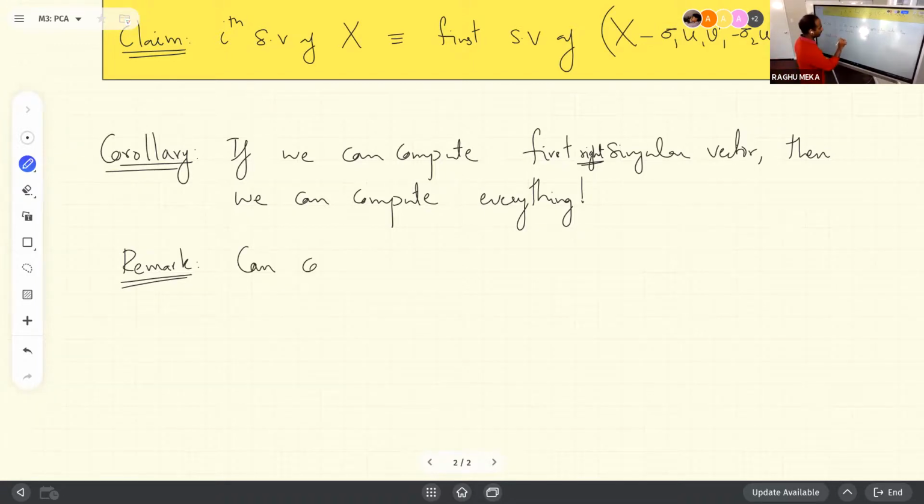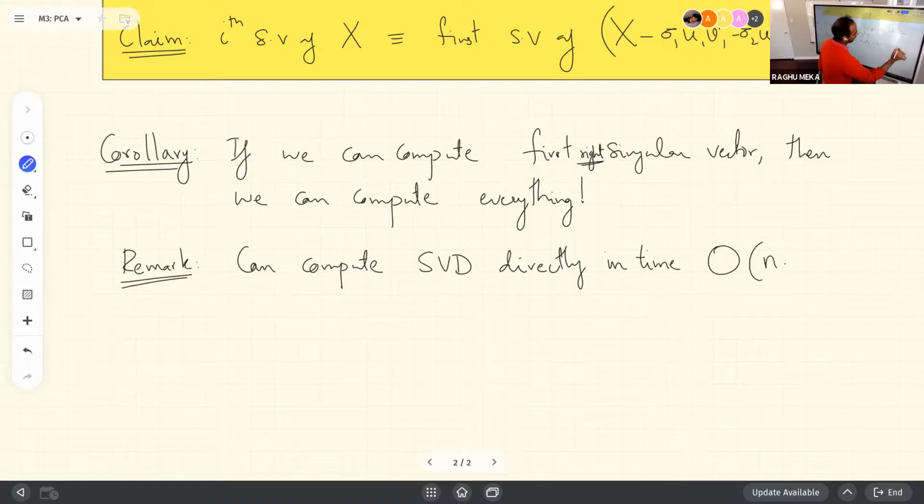It can compute the SVD directly in time O of n times d squared. Okay. So there is almost like a cubic algorithm to compute the full singular value decomposition.